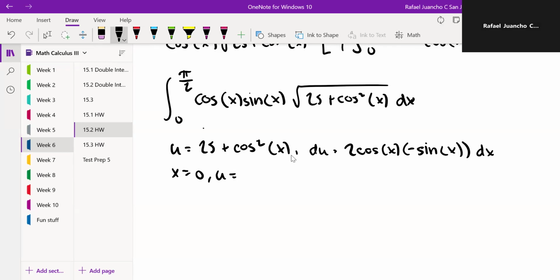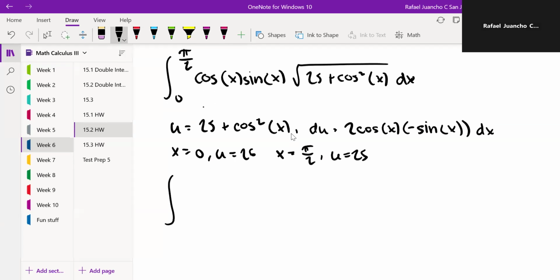It's 1, right? 1 squared, this is 26. Then when my x is pi half, that's 0. That's just 25. Right? So I get something like this from 26 to 25.